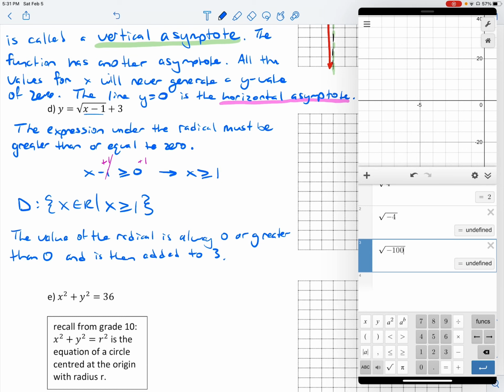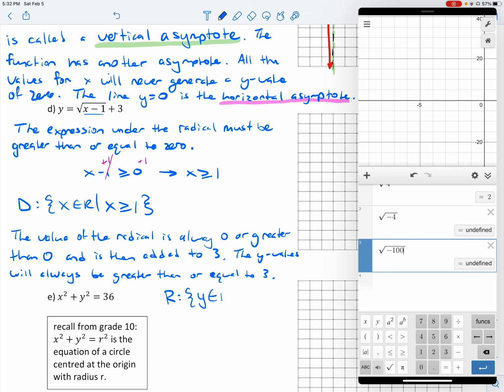So the y values will always be greater than or equal to 3. How can I write that down now in terms of the range? Easily, I can just say R for range, and the range has to do with my y values.